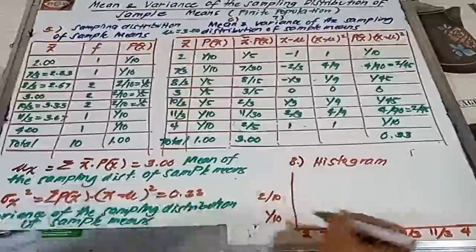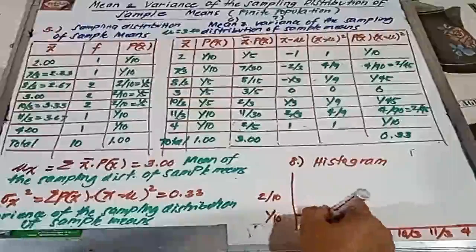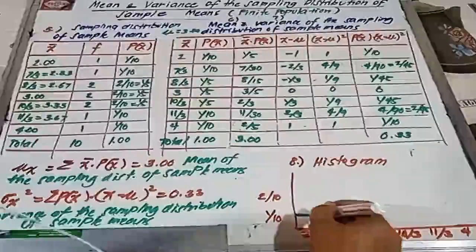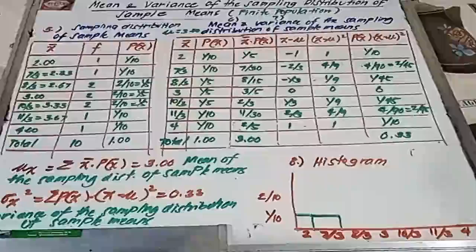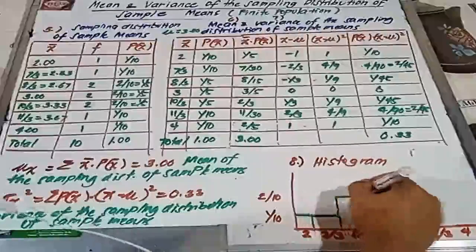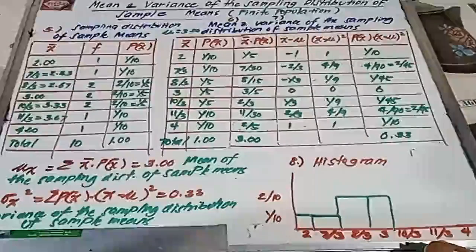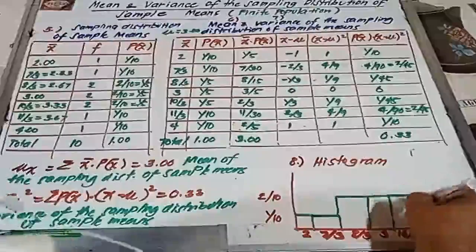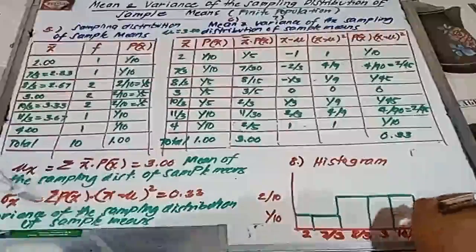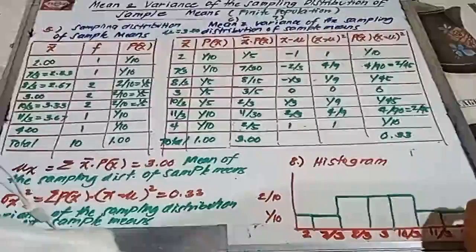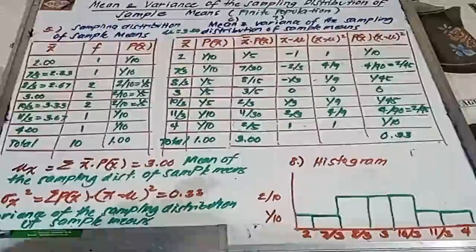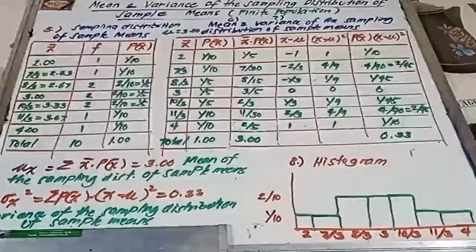So dito lang siya. 7 over 3, isa lang ang frequency. 8/3, dalawa. Ang 3 natin, dalawa rin. 10 over 3, dalawa rin. 11 over 3, 1. And 4, 1. So, ito yung equivalent histogram ng ating sampling distribution of sample means.